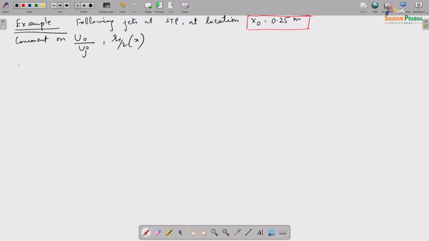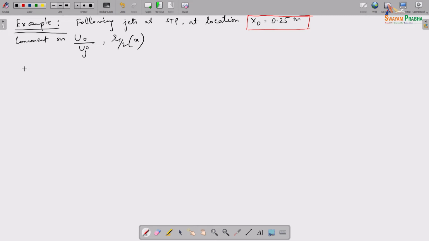Let us see. No, this is not the solution. Wait, there are actually 5 jets. What are they? Let me tabulate them instead of writing it so many times.